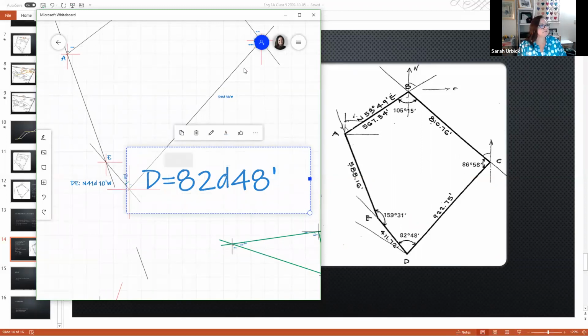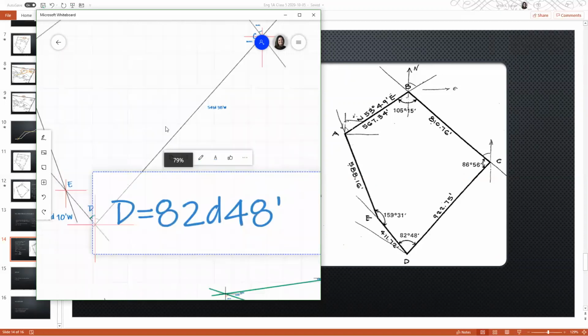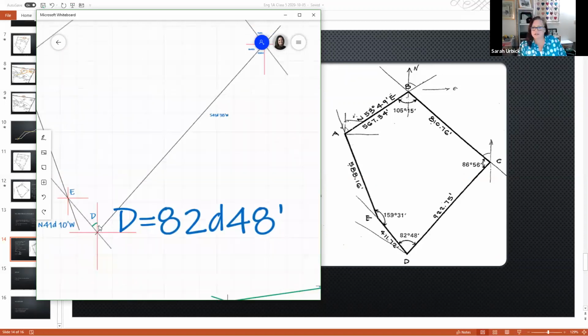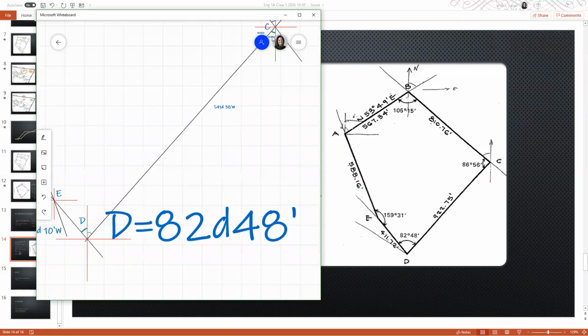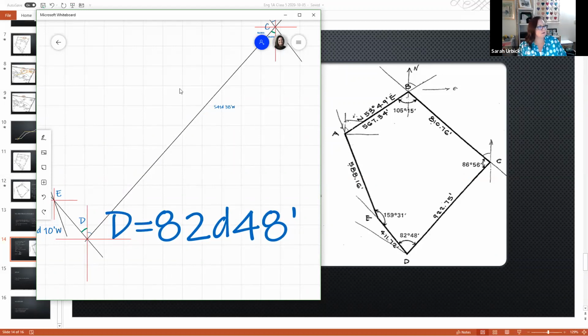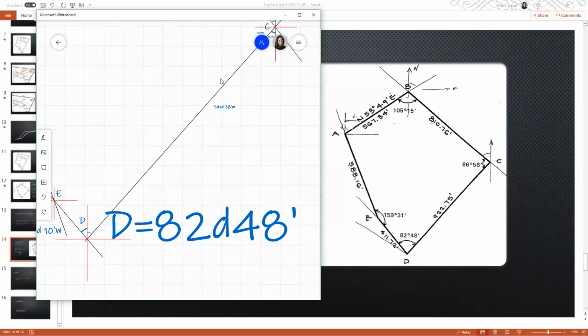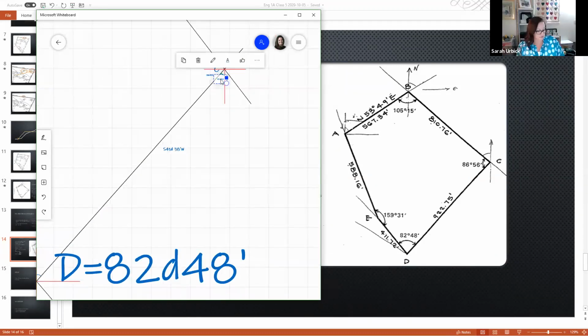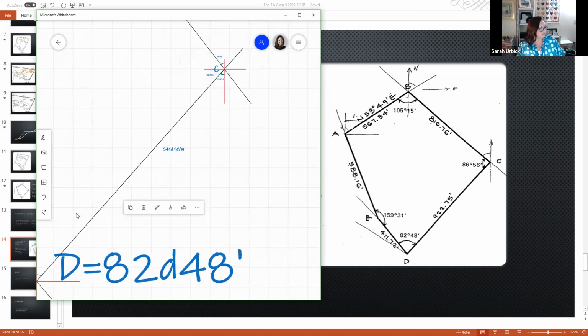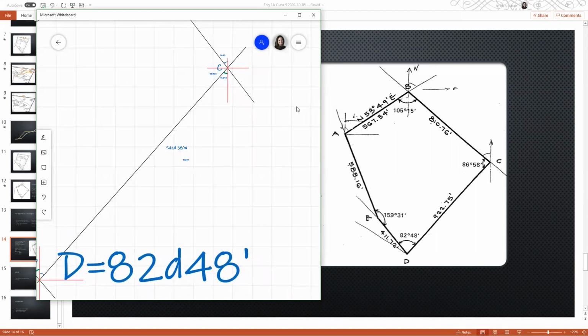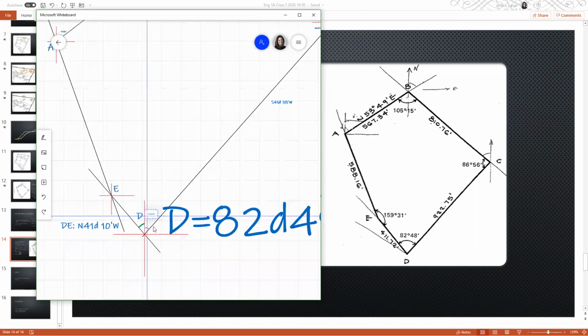Okay. So my alternate interior angles from before, kind of hard to see here, but I had 41.634 up here, hiding behind my little smiling face. So my alternate interior angles are equal. I'm going to copy that and paste it down here. Oops, not there. All right, so that's going to go right there.